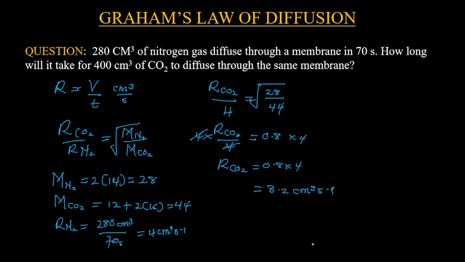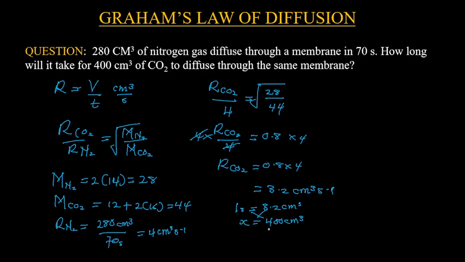Okay, so the thing is, in every 1 second, we have 3.2 cm cube coming out. So how many seconds is it going to take, x, for us to have 400 cm cube coming out?